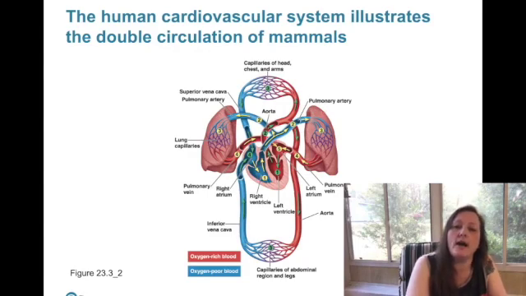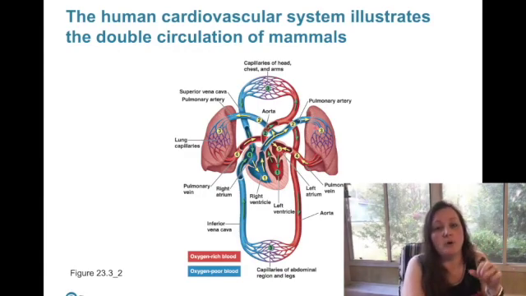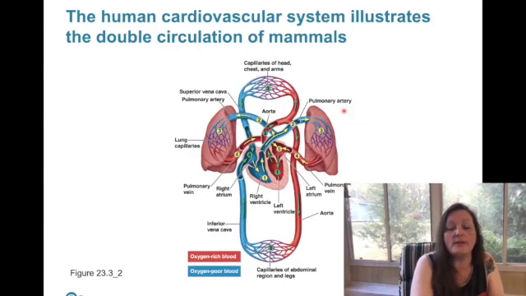But it's going out here, and so this is the pulmonary artery because, well, pulmonary, and then artery, remember I said artery away, that's taking it away from the heart, into the lungs.